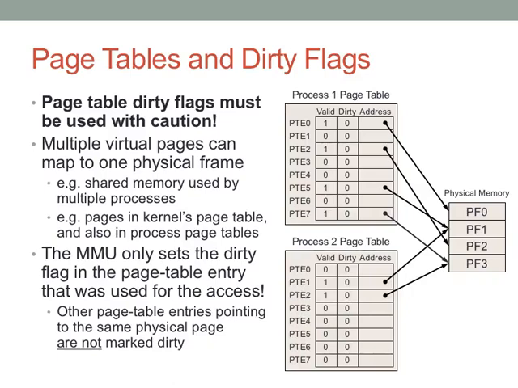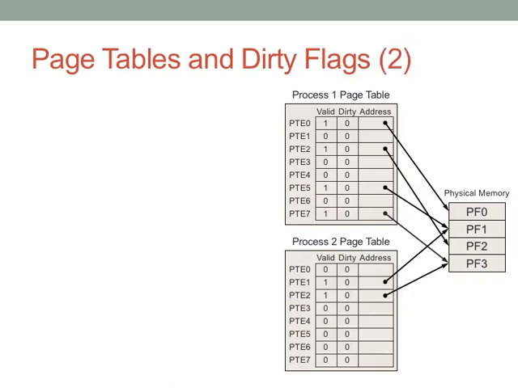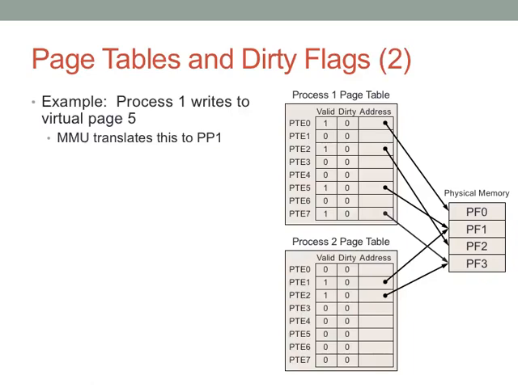They both say they're in memory. But if you write to one of these entries, it only sets that entry's dirty bit, not the other one. So here, process 1 writes to virtual page 5, and the dirty bit gets set to 1.